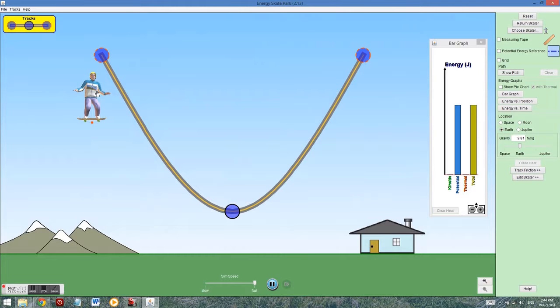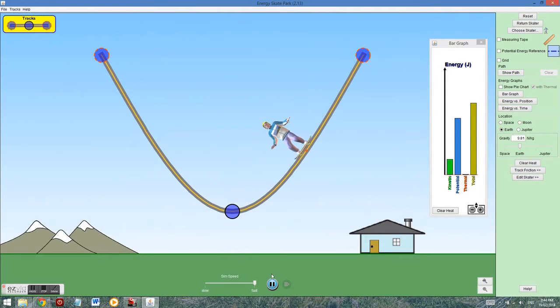Now I drop it, and when I drop it, the potential energy decreases and the kinetic energy increases, and the total is the same. If I put this guy on the track, you can see that.